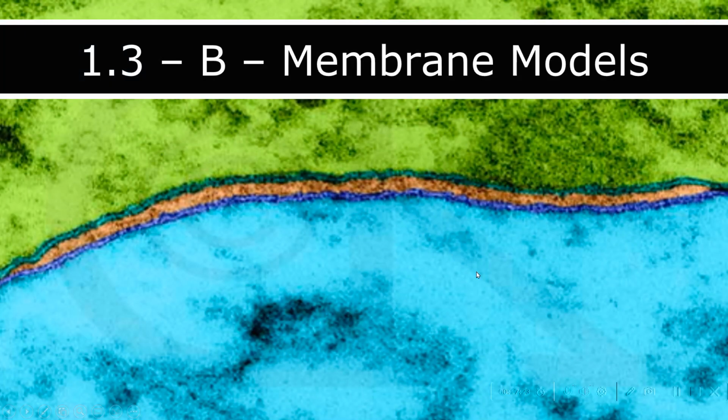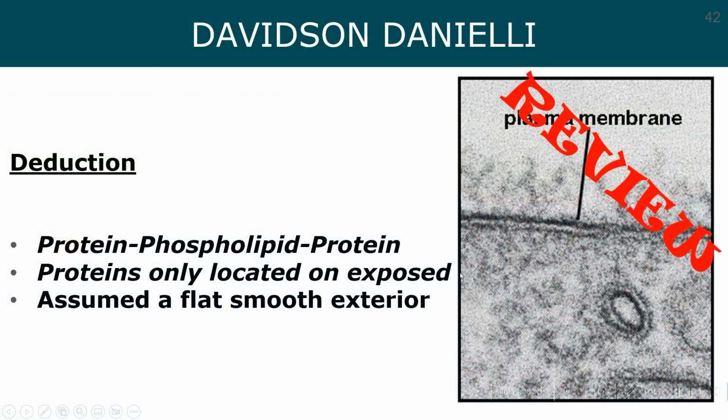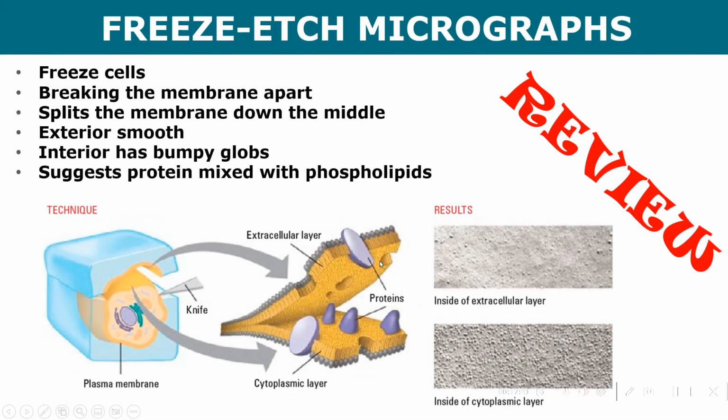So we also talked about who came up with these membrane models, right? The big one is Davson and Danielli. Their original model was the protein sandwich, right? Protein, phospholipid, protein. And their model was that protein was only on the outside, not in the interior.